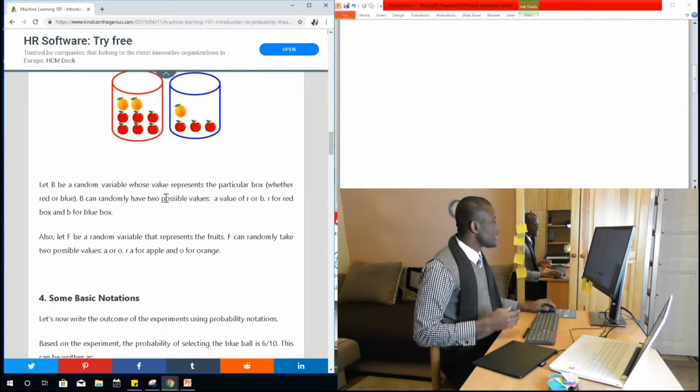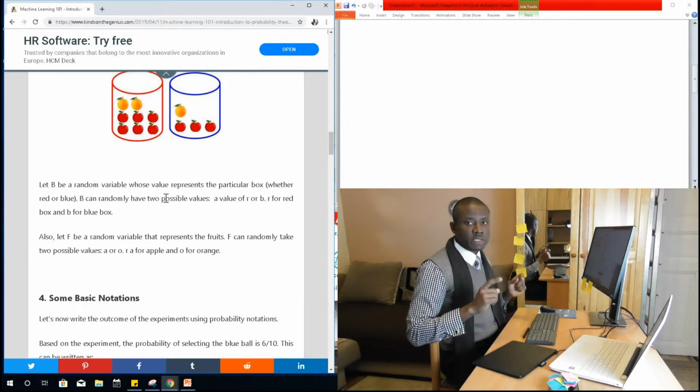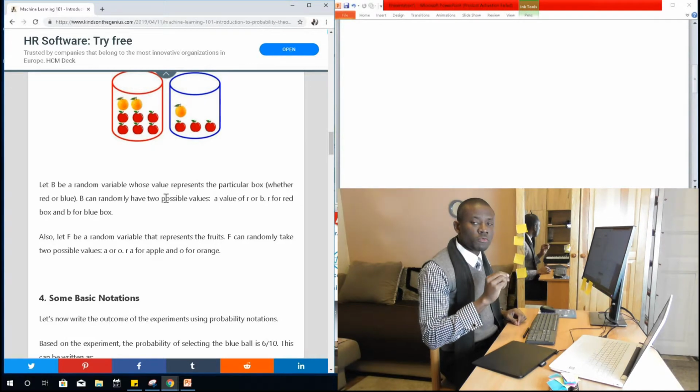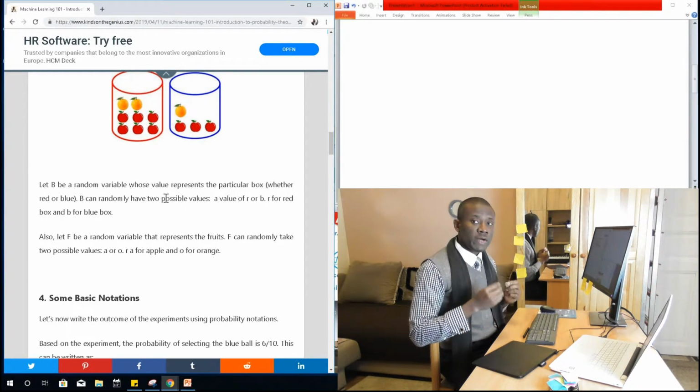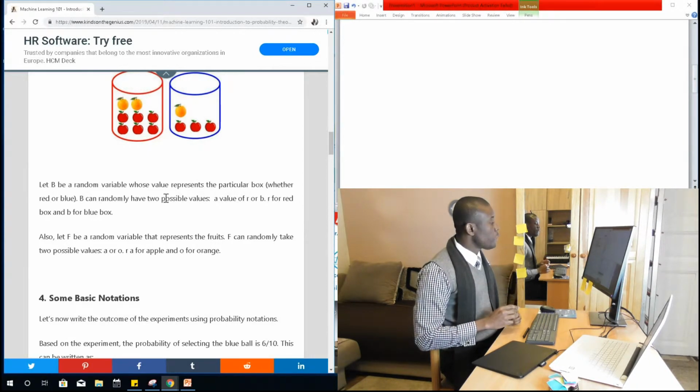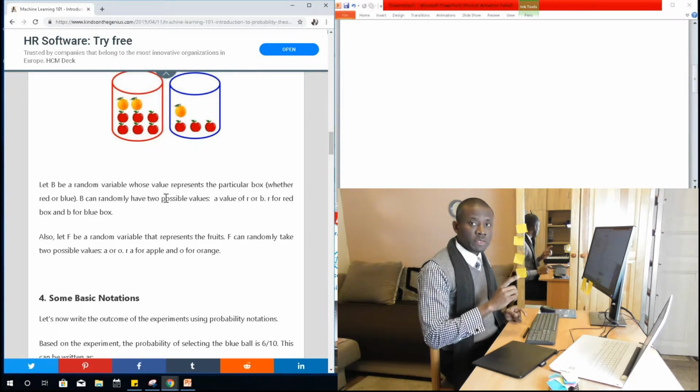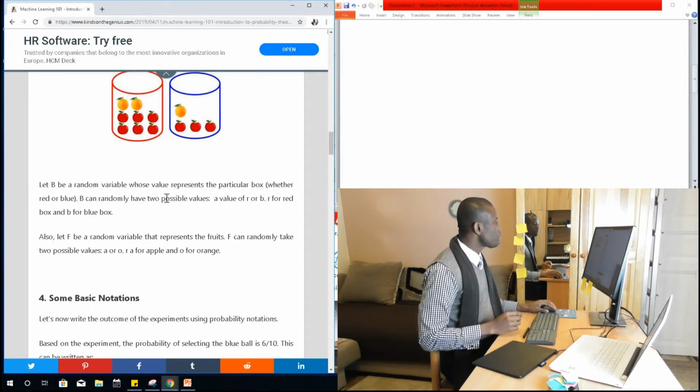Now let B be a random variable, and random variables have to take on values. A random variable is a variable whose values are the output of a random experiment. So if we are saying that B is a random variable, it means that the value that B could take will be the outcome of a random experiment.